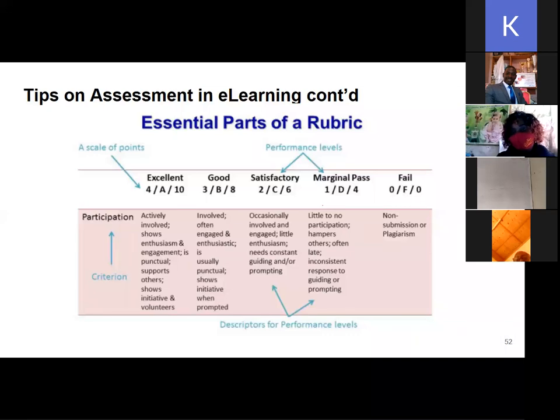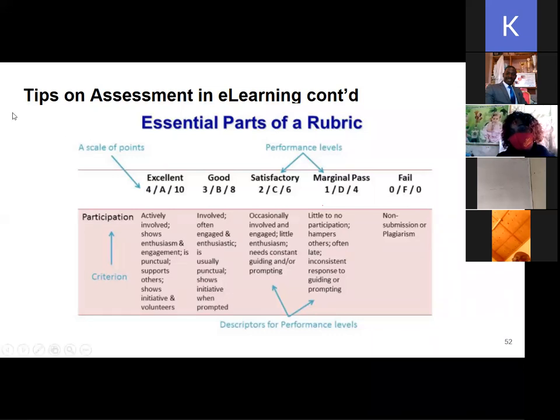Then we have what we call the task. The task is basically the title, where you are describing the project or the assessment that is required.